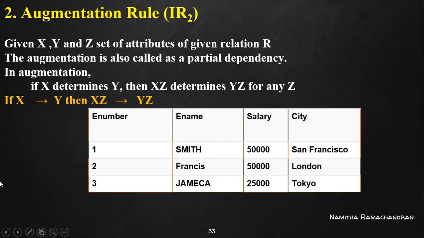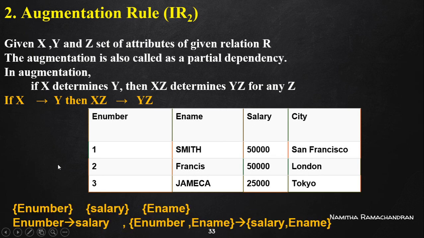From this example, take the same Employee relation with the same set of attributes. Consider the sets X as E number, Y as salary and Z as E name. Suppose E number derives salary. This is a valid dependency here. That means if we know the number, we can directly identify the salary of that employee.